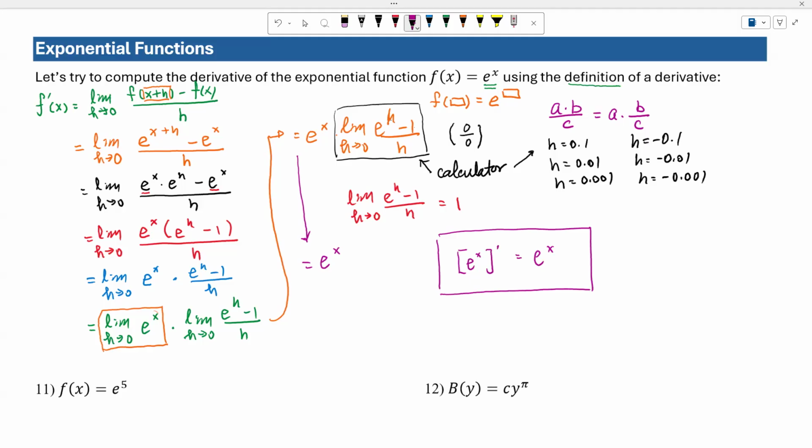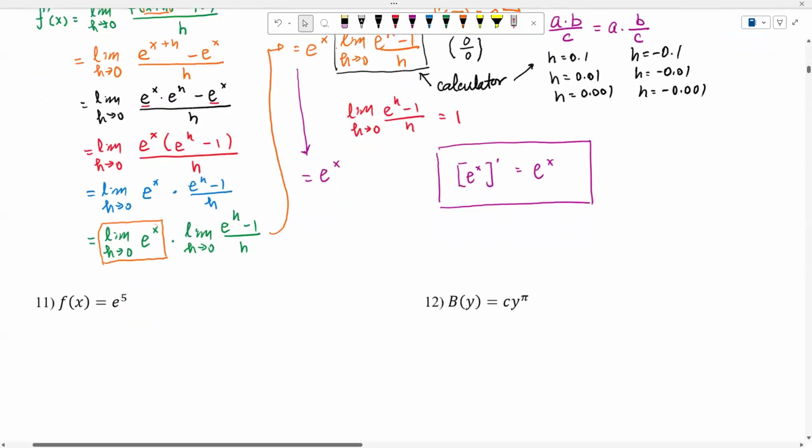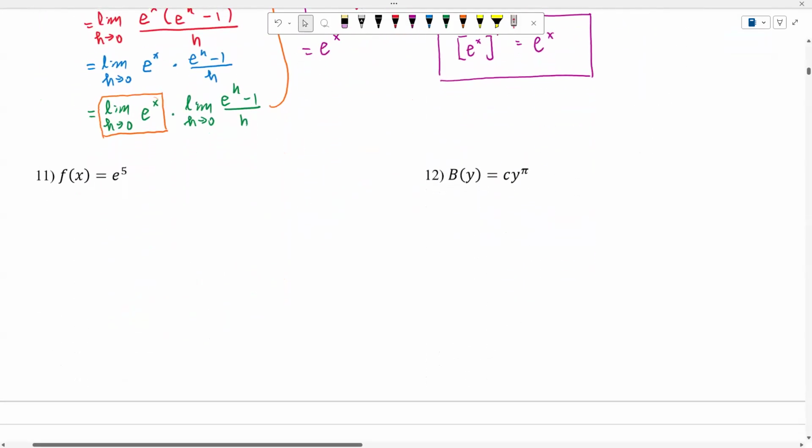Okay, so now let's see how we work out some examples. Now I have f of x equal to e to the 5. Let me give you some choices for the answer, kind of like multiple choice, and then let's think about this.